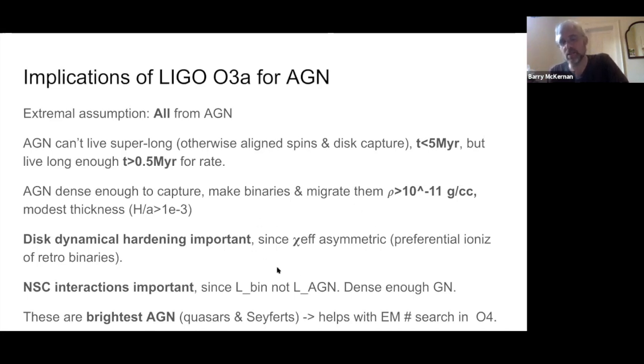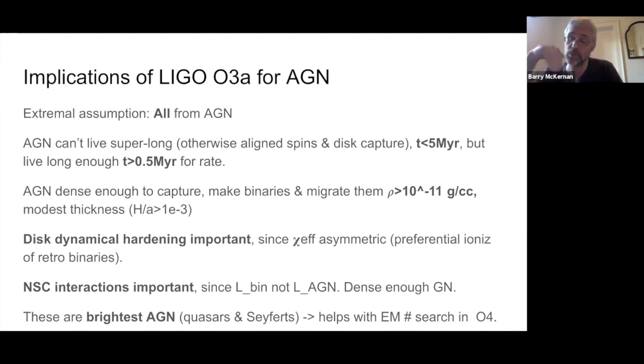Another thing that stands out from the data is, again, if you assume they're all from AGN, disk dynamical hardening has to be important, right? That asymmetry in the chi-effective distribution tells you that you must be preferentially biased in favor of hardening prograde binaries versus retrograde binaries. And that's something that I'm trying to build into Monte Carlo simulations right now.